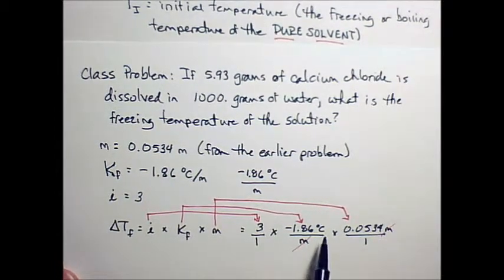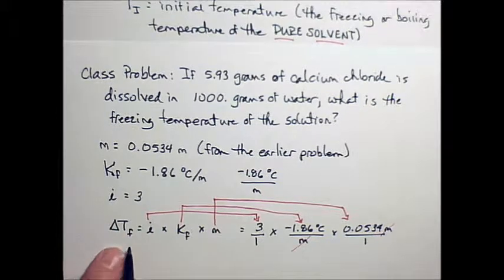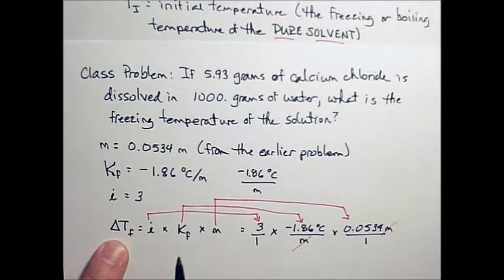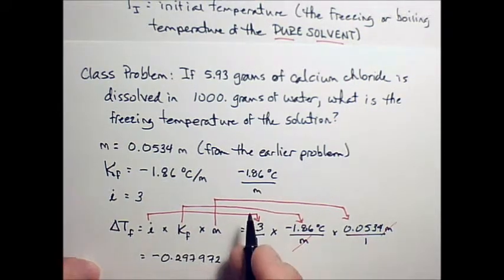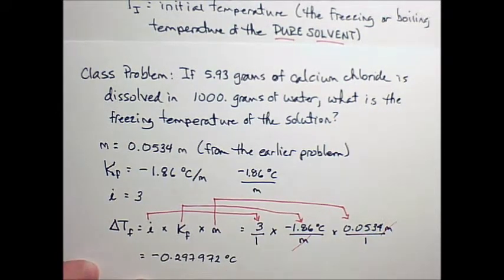We're left with a degree C, which measures temperature, and we're looking for a change in temperature here. So this is a negative 0.297972 degrees C.